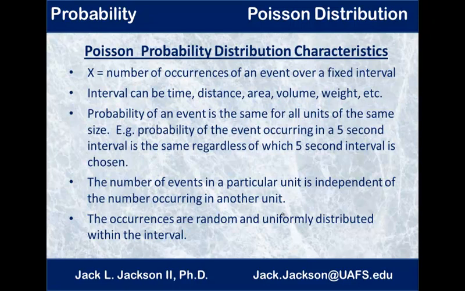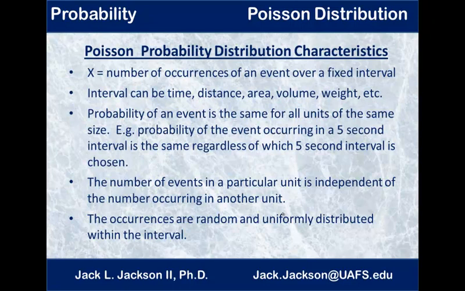So if the probability on average is that we have 4 events occur in a 5-second interval, then it doesn't matter how many happened last 5 seconds or the 5 seconds before that, the probability that we're going to have 4 events in the next 5 seconds is the same as it was before, regardless of what occurred earlier. And then within that unit of time, the events should be randomly and uniformly distributed.